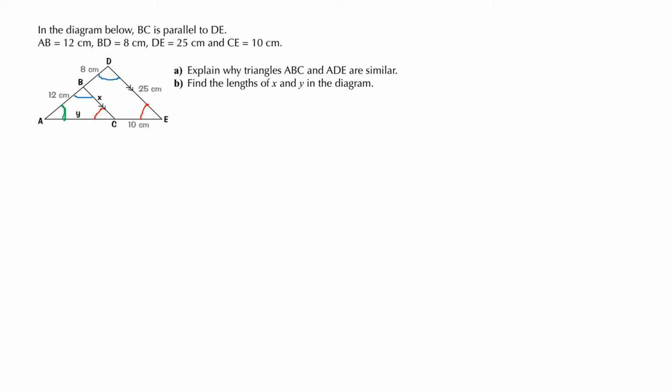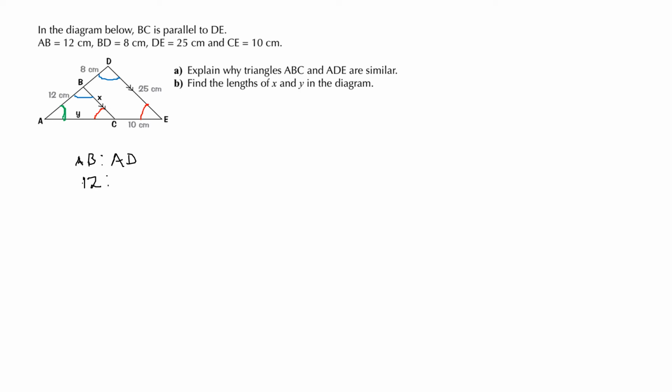So here, x is actually BC. So we're going to use the lengths of AB and AD to work out what the ratio of the sides in triangle ABC to those in triangle ADE is. If we start off with AB to AD, we can see from the diagram that AB is 12 centimetres.